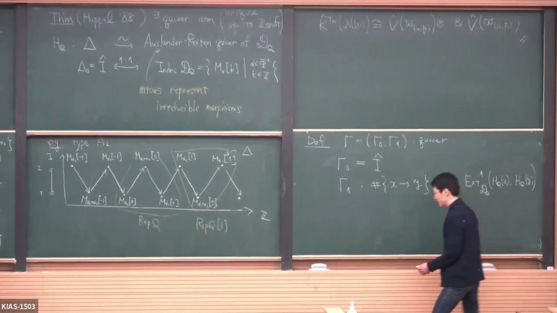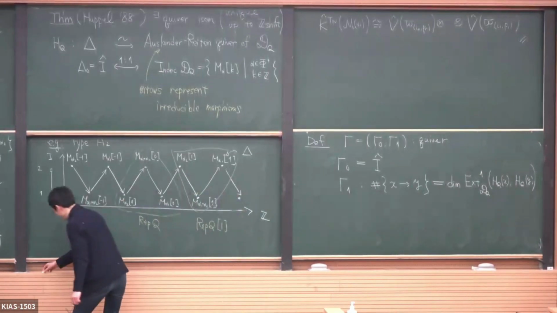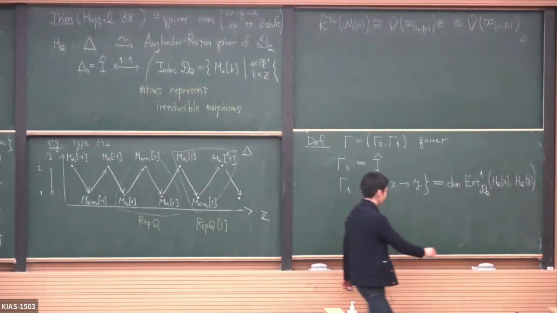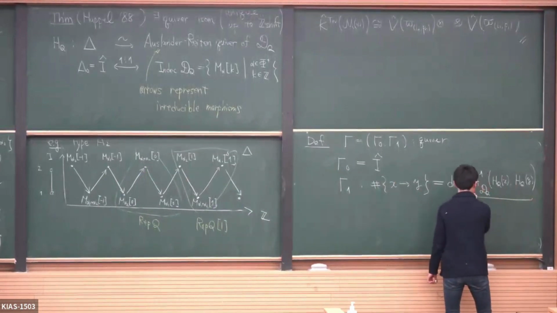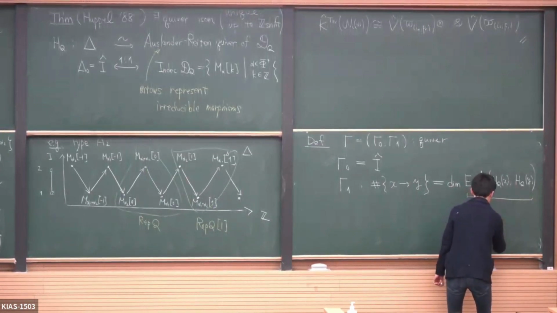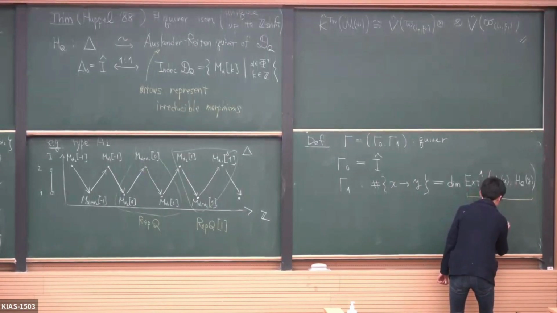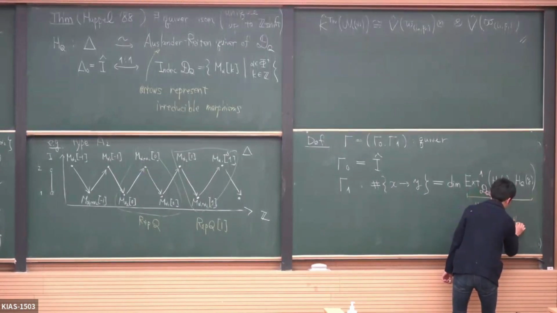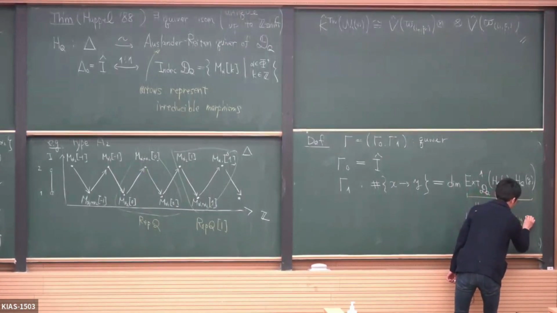So this extension in the derived category is simply defined as the Hom in this derived category from x to y shifted by 1.